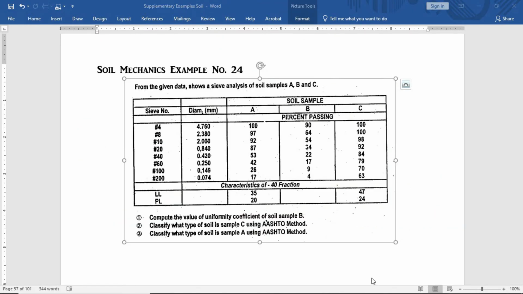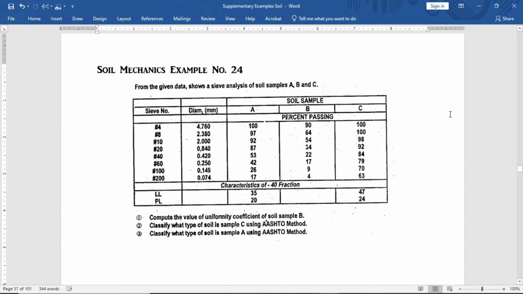Example number 24 na tayo. From the given data, shows a sieve analysis of soil samples A, B, and C. Tatlo na yung soil sample, dati isa lang. Given yung sieve number, given yung diameter.